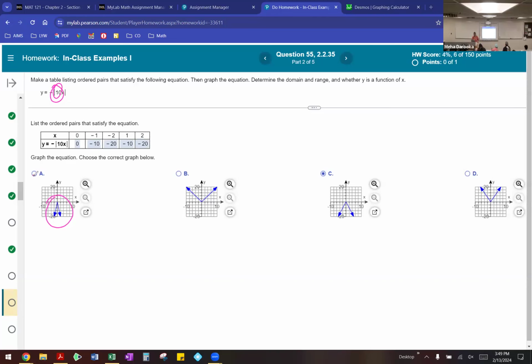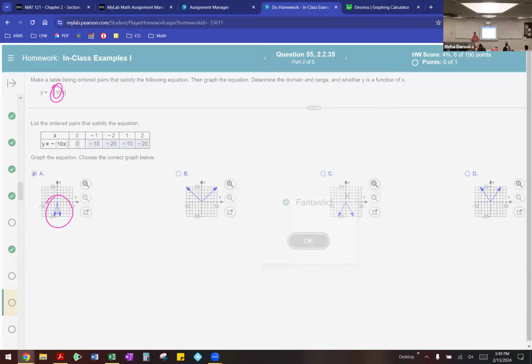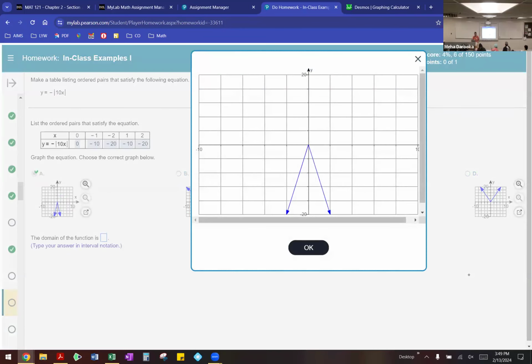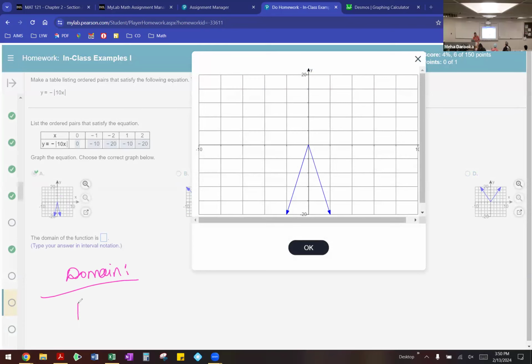So that's going to be option A. So let's check A, it looks good. Okay, now they want to know domain and range. So what do you think the domain for this function should be?